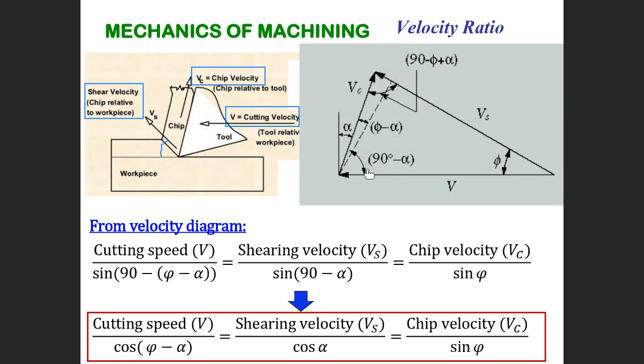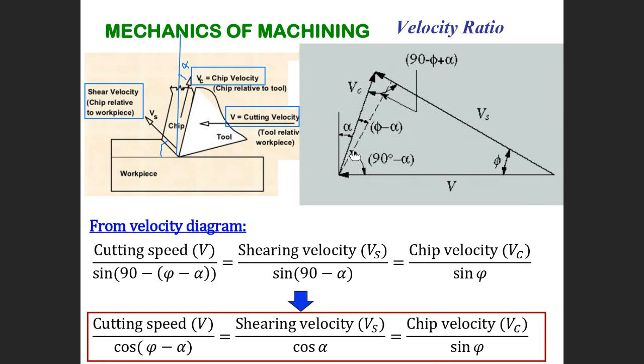What is the angle here? If you make a vertical line, this angle is alpha, with the vertical.